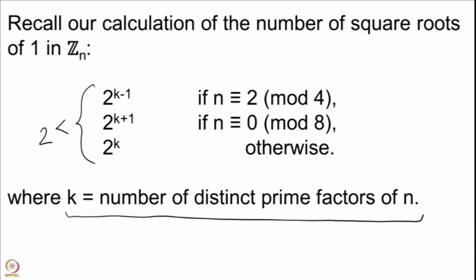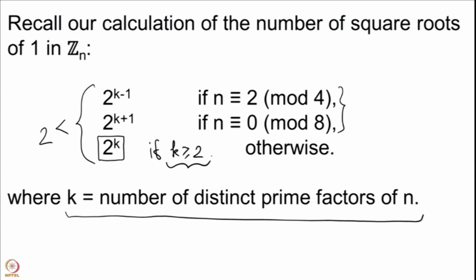Because you will have at least one prime factor, whenever you have 2 or more odd prime factors, since the even factors are divided in 2 cases here, the number of square roots of 1 is going to be 2 power k, which is bigger than 2. This is bigger than 2 if k is bigger than or equal to 2.